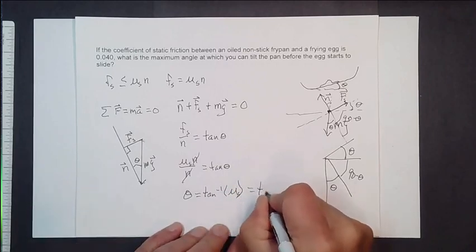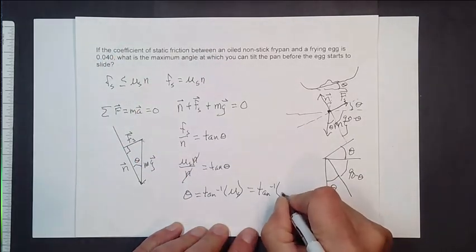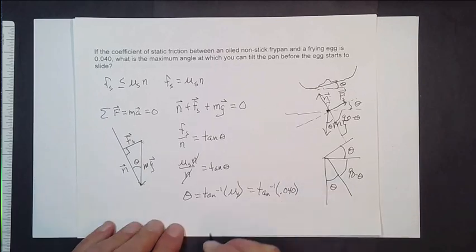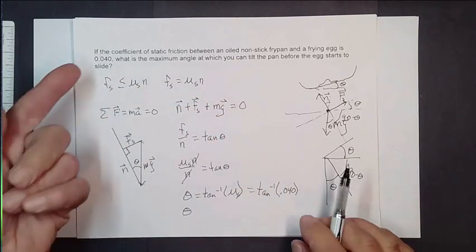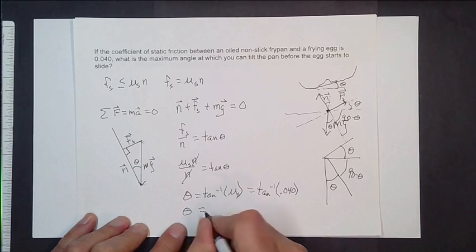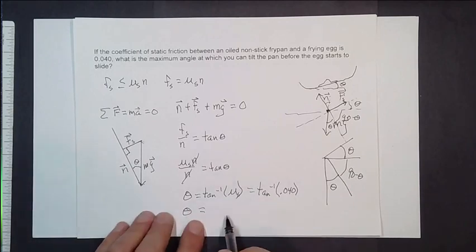So, inverse tangent of 0.040. That's a number with only two significant figures, and I may have fudged that when I wrote this problem. I took it out of some book. They may have only had 0.4, but I don't remember. Or 0.04.